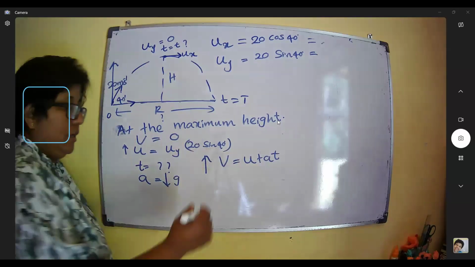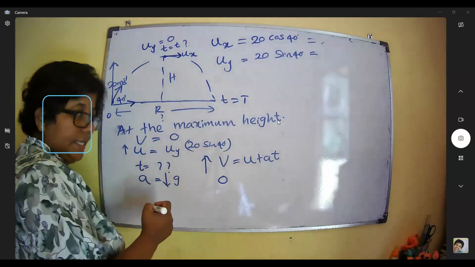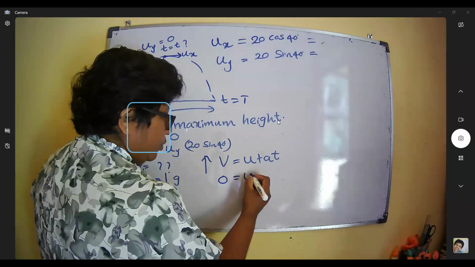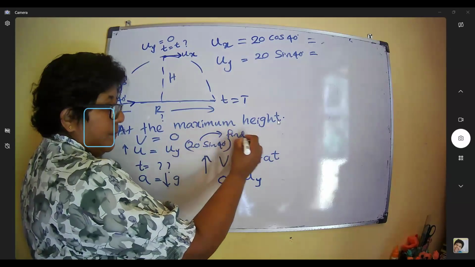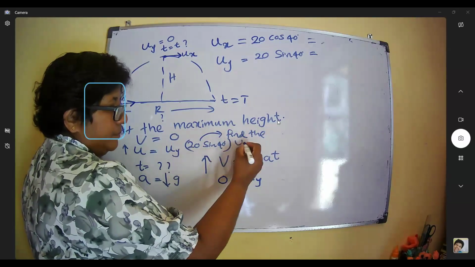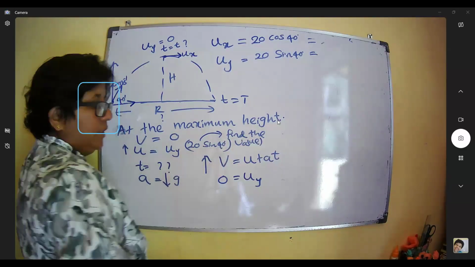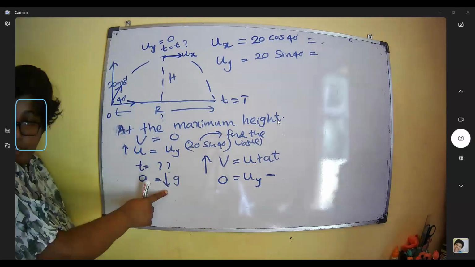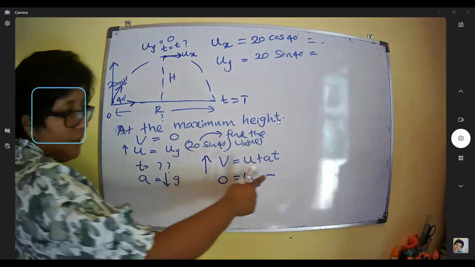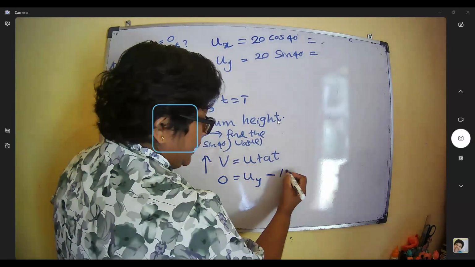V is 0 and U is equal to Uy. Then 0 equals Uy minus gt, because g is acting downwards, we put minus.